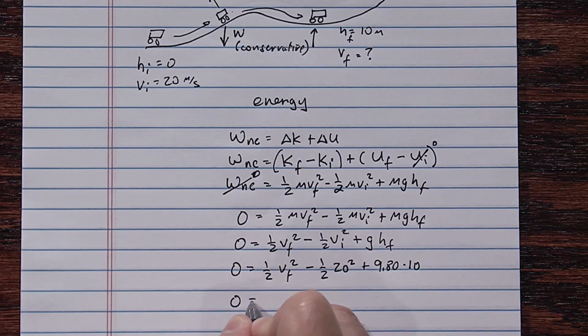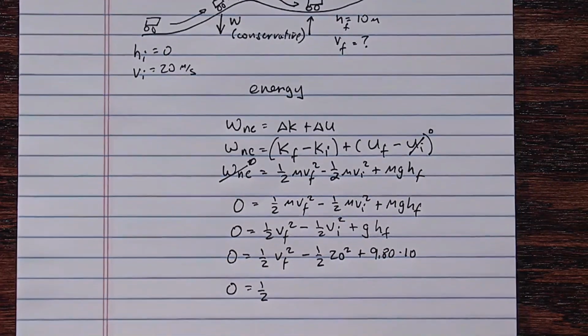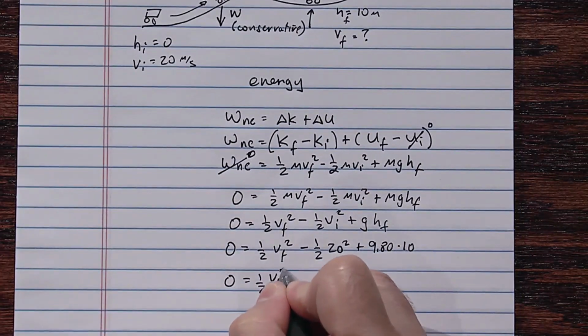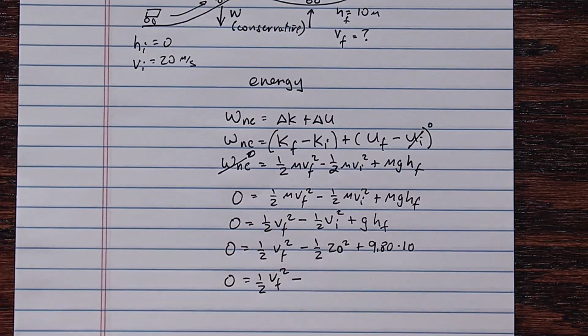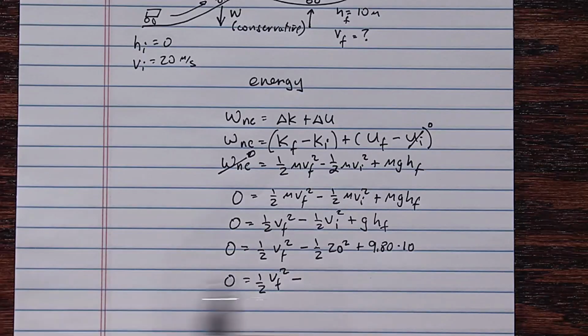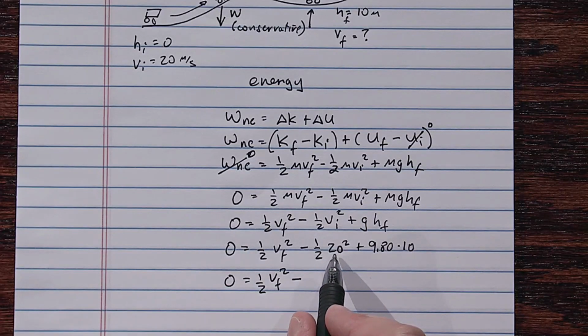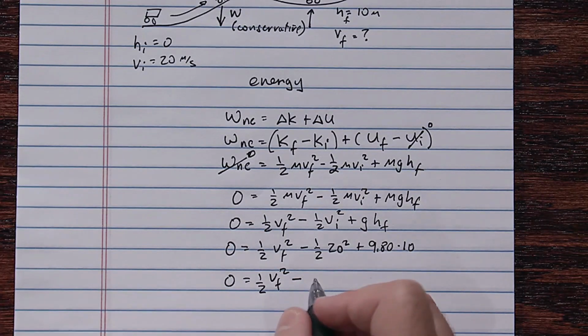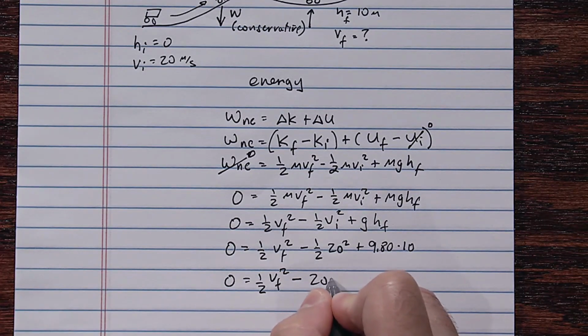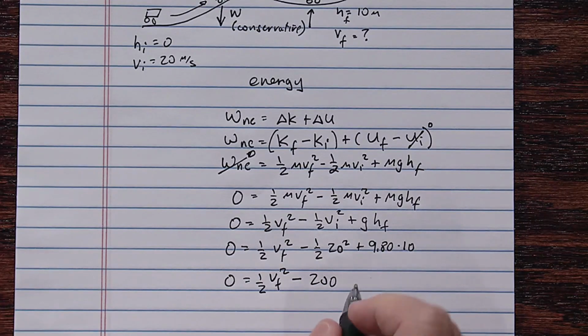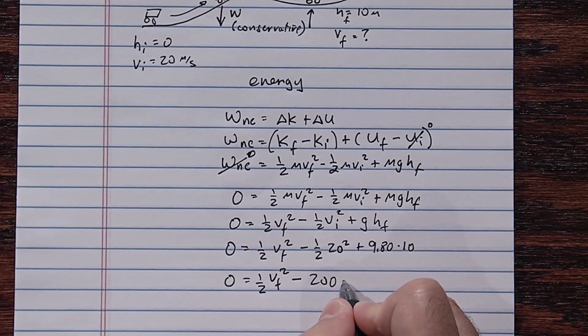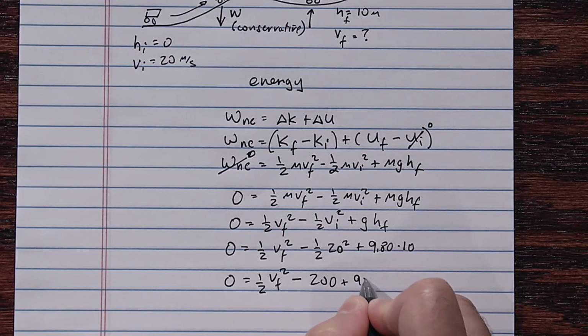Well, 20 squared is going to be 400, and 1/2 of that is going to be 200, so minus 200, and 9.80 times 10 is 98, so plus 98.